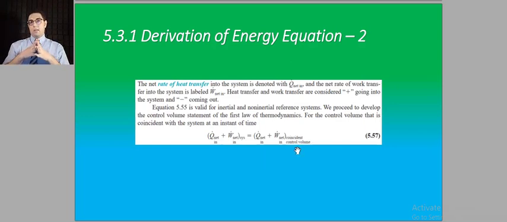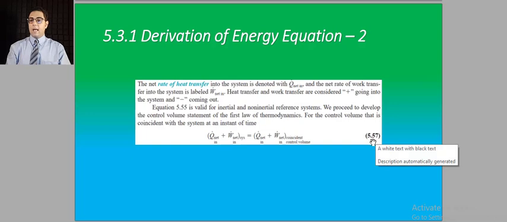Similar to the linear momentum equation, there is an instant in which the rate of heat transfer as well as the work on a system is equal to the corresponding one happening on the control volume, which is defined as equation 5.57.